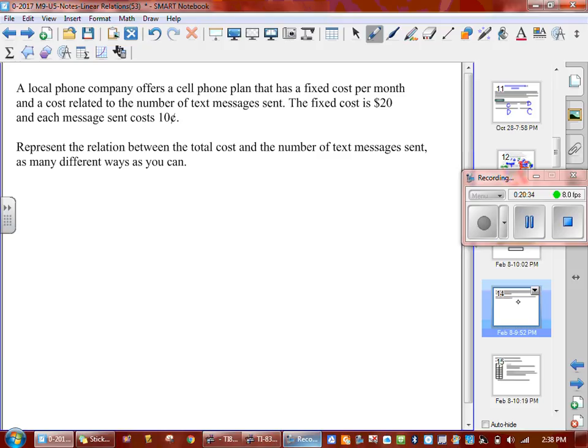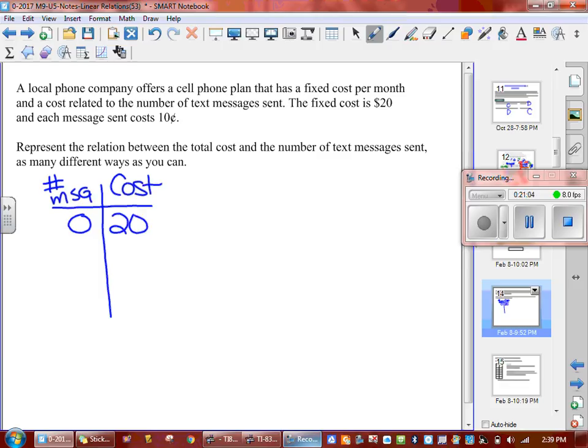Well, let's try to do it in terms of a table of values. So we can do an equation, we can do a table of values. So for 0 text messages, so number of messages, and this is cost. So for no text messages, it's going to cost you $20. For 1 text message, it's going to cost you $20.10.